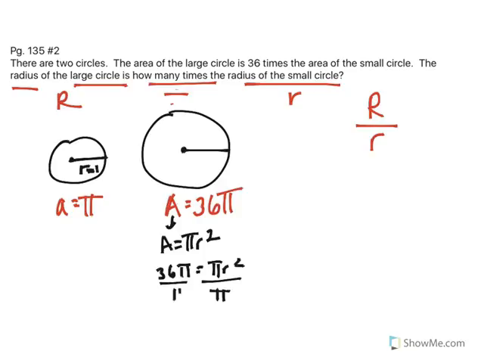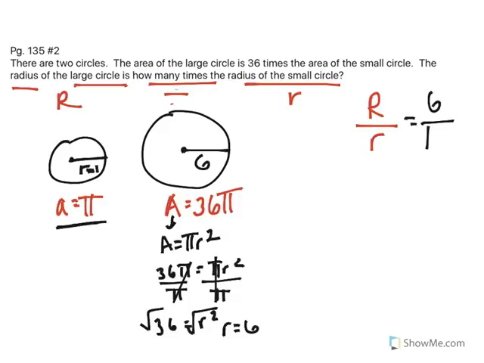We divide by pi, and we get r squared equals 36. Square root both sides, r equals 6. So the radius of the large circle is 6, and the radius of the small circle is 1. Therefore, the answer to the question is 6.